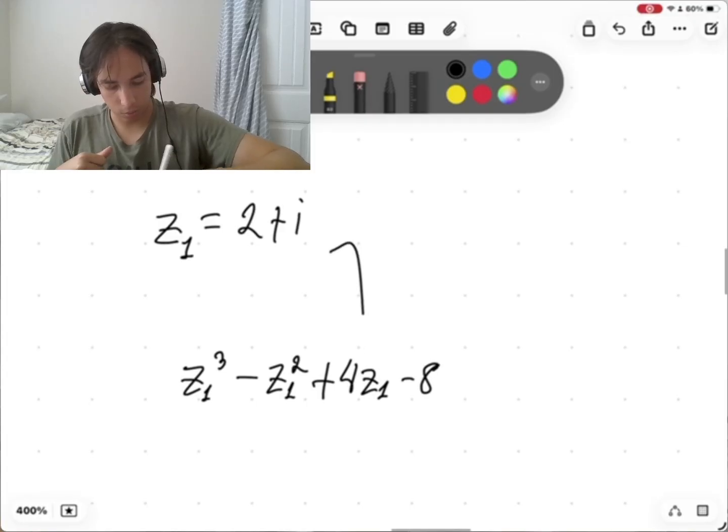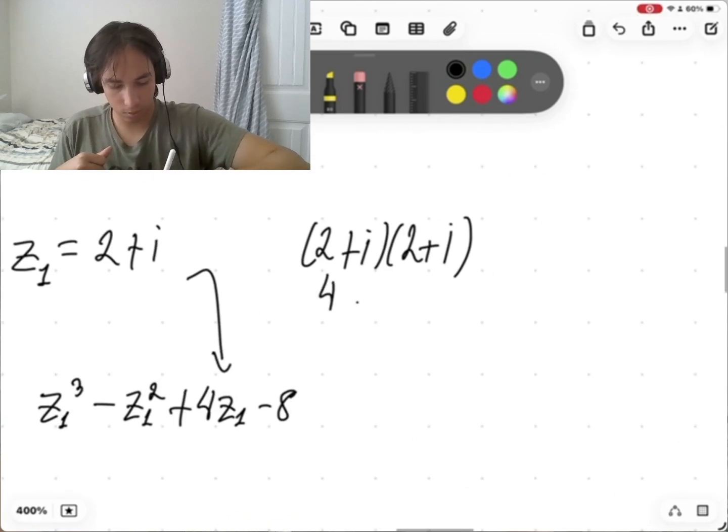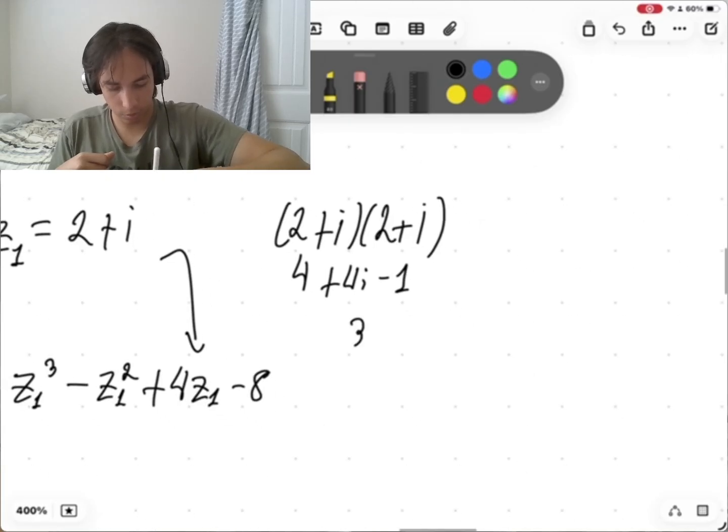We can get it here. And so Z squared is 2 plus I times 2 plus I, which is 4 plus 4I minus 1, which is 3 plus 4I.